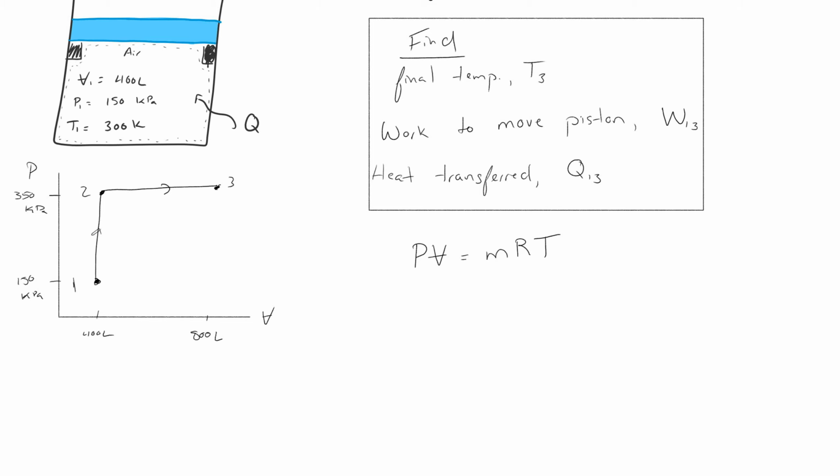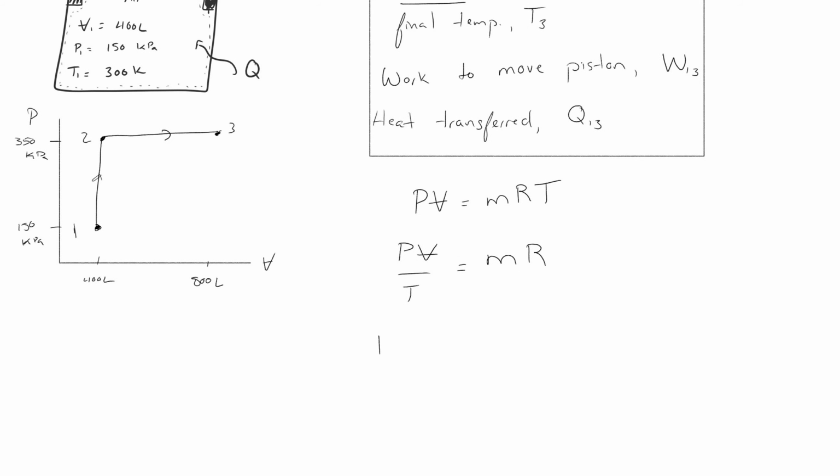Okay, so if I rearrange this equation, PV over T is equal to mR. I'm going to note that no matter where I am between 1, 2, and 3, the mass of my air and my ideal gas constant are not changing. So I know that P1 V1 over T1 is going to equal P3 V3 over T3. T3 is really what I'm trying to find.